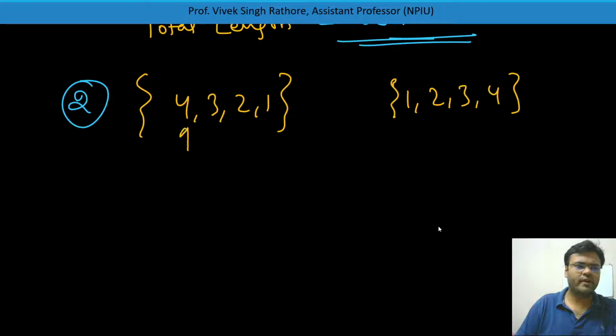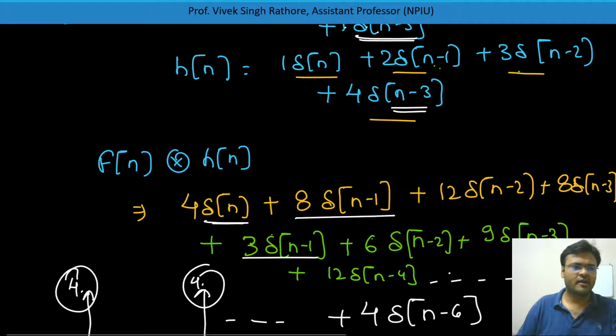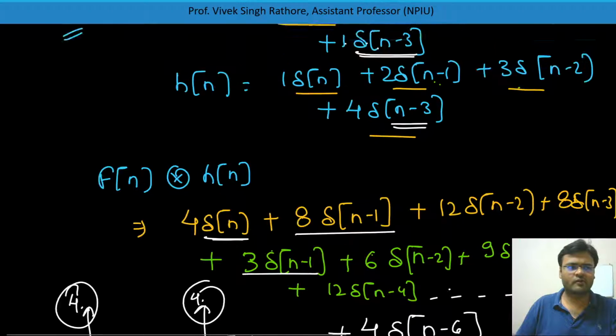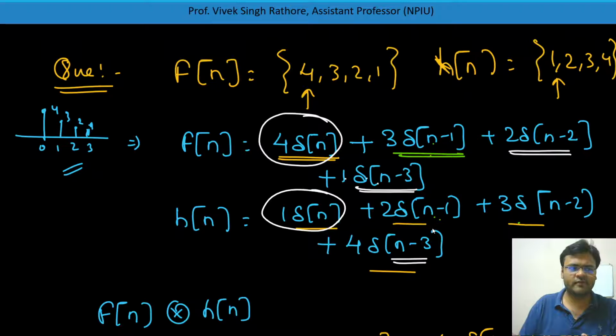Whenever you are multiplying this signal with this signal, look at what happens: the first value is multiplied with the first value, and then it goes with the second, third and fourth. So the first will be the delta n value only, the shortest normal value. Here the first value is 4, and here the first value is 1.